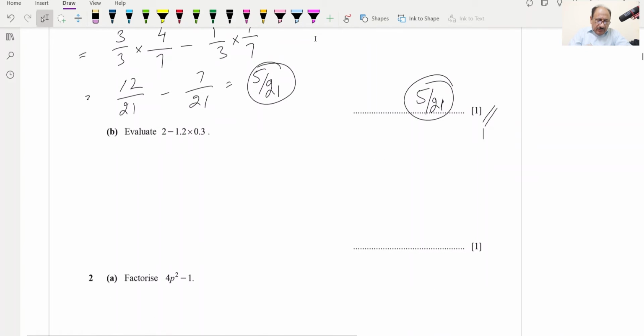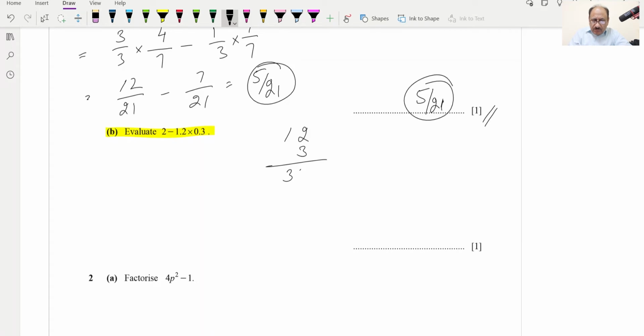Then the second part, which is B part, evaluate this expression. What we can do, we will multiply first, and to multiply we are using numbers without decimals, and we will be checking on the right.